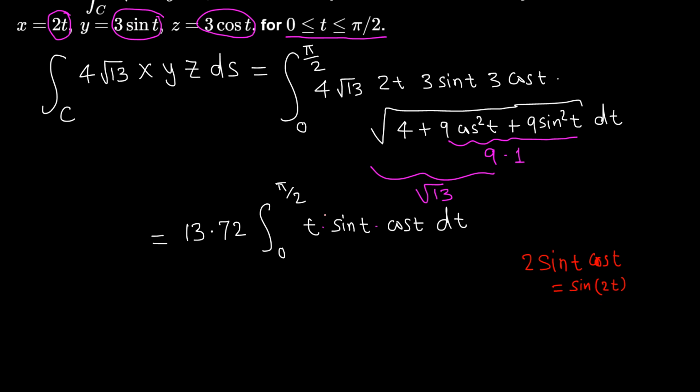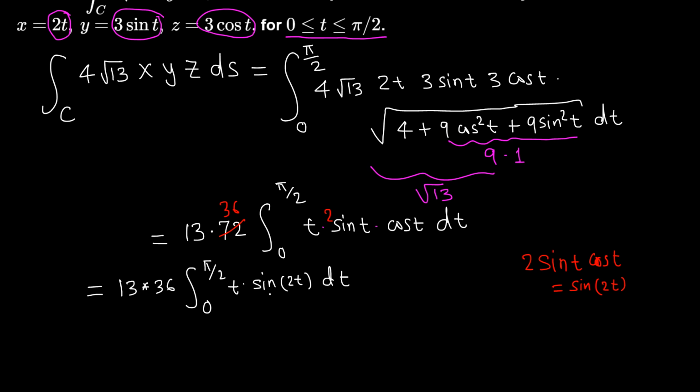So this one multiplied by 2, here is 72, which is 36 times 2. Then 2 sine t cosine t is sine 2t. So this is 13 times 36, whatever that number, from 0 to pi over 2, t times, now 2 sine cosine is sine 2t.